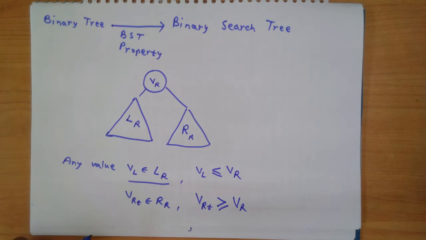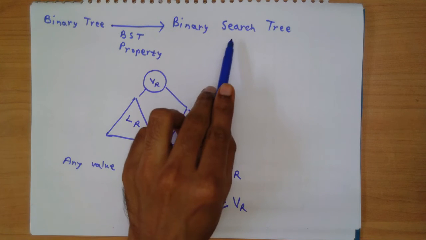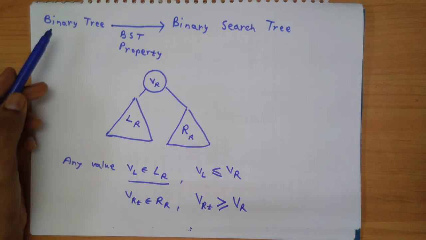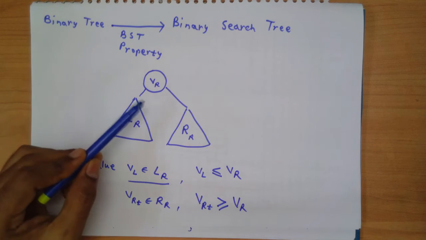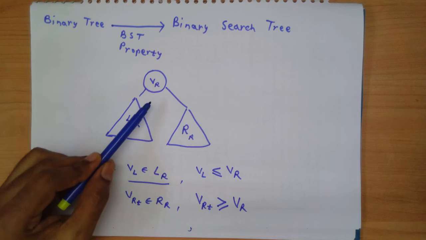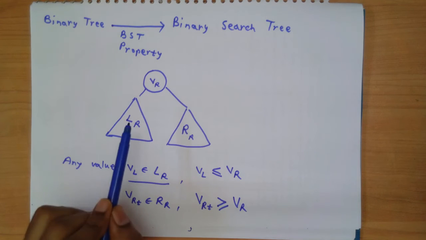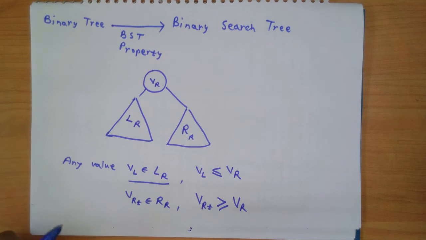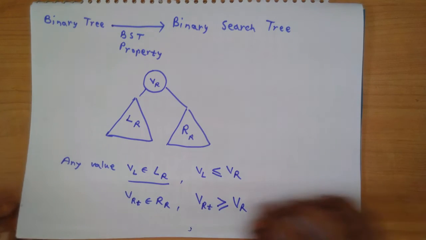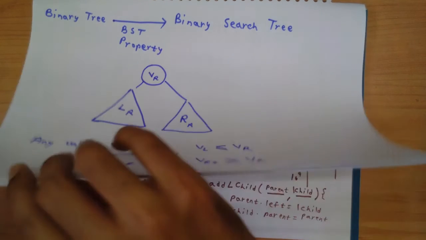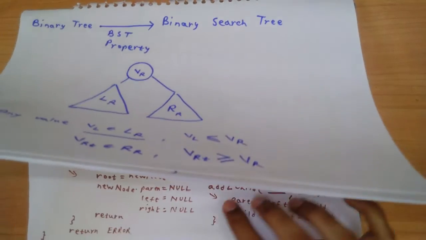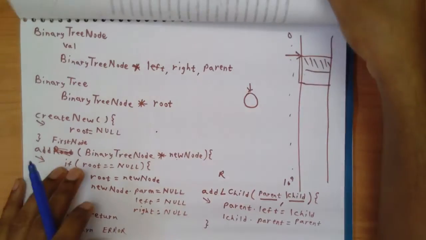So when we build our binary search tree, it will be similar to a binary tree, but we have to take care of maintaining the binary search tree property. Similarly, when we delete nodes from our binary search tree, we have to ensure that we maintain the property. Let's remind ourselves which operations we defined for binary tree as an abstract data type.